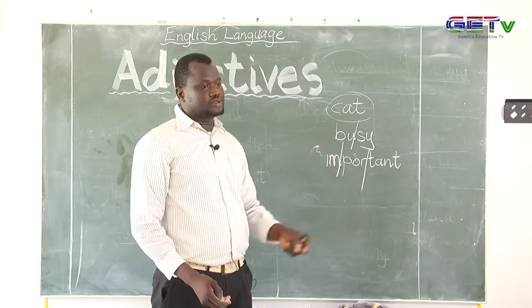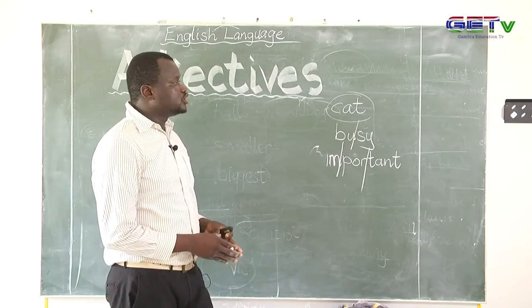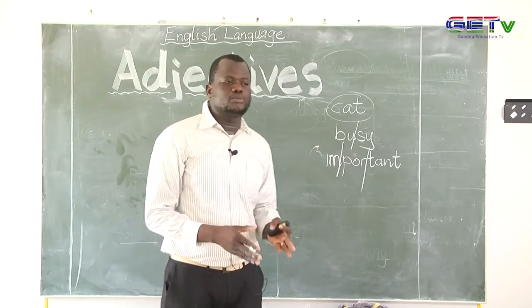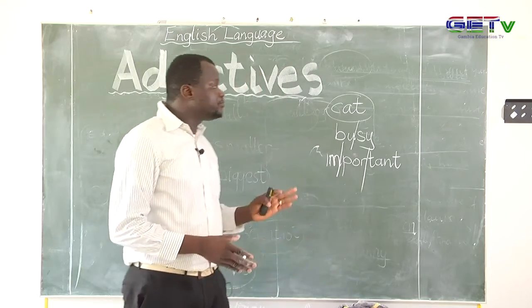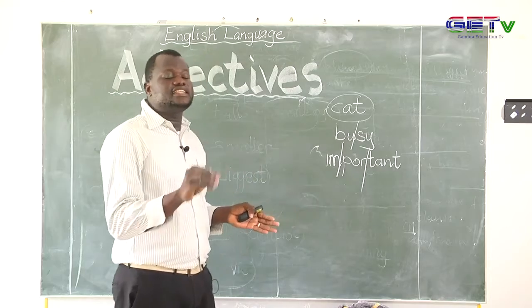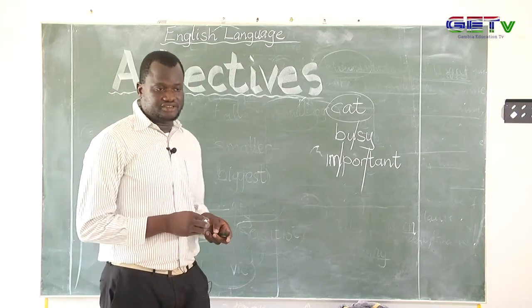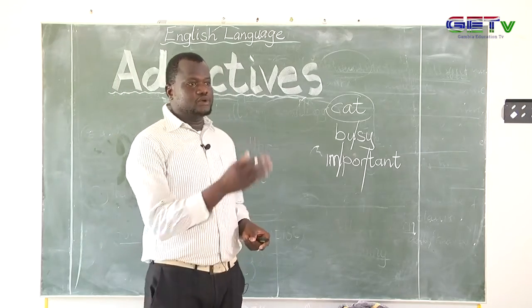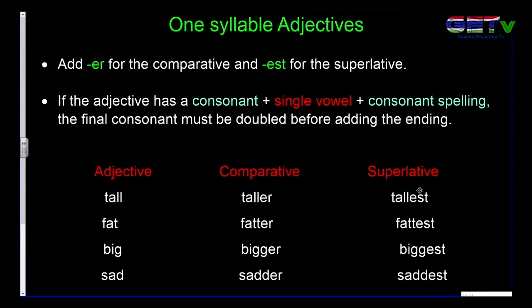Three syllables. So here we are saying that to form regular comparatives and superlatives, it depends on the number of syllables in the original adjective.